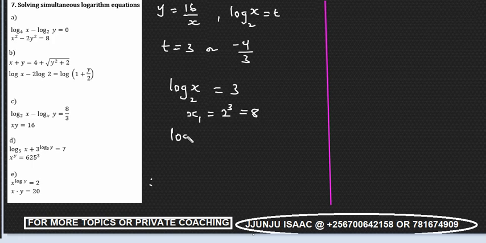Then we also have log base 2 of x equal to negative 4 over 3, so x will be equal to 2 power negative 4 over 3, and from the calculator we shall see that this is 0.40.